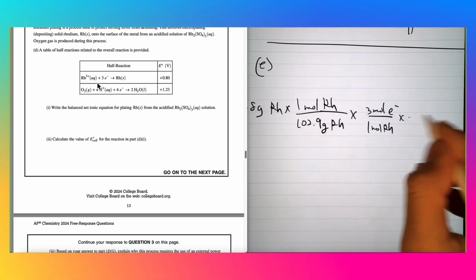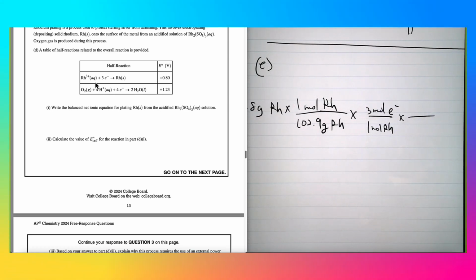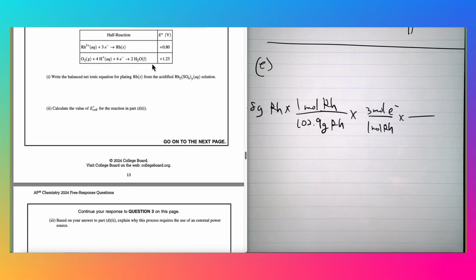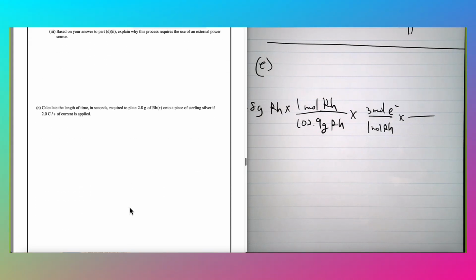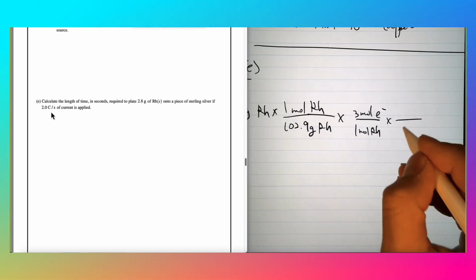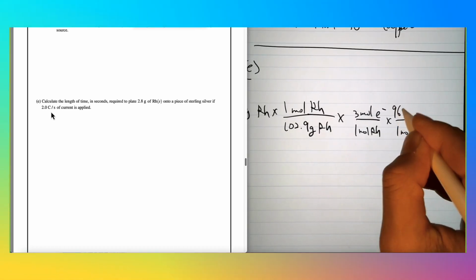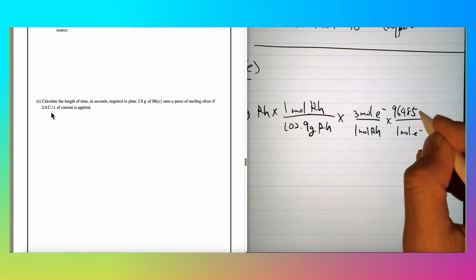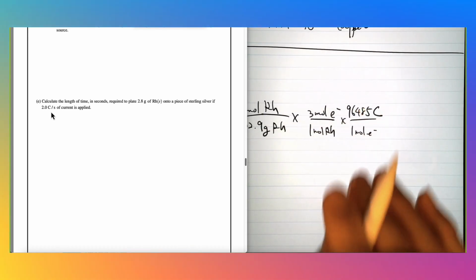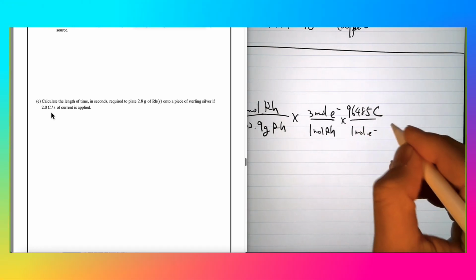Now we have moles of electron, and we need the coulomb, so that we can use this coulomb per second, the ampere. 1 mole of electrons has 96,485 coulomb. This number, the Faraday's constant, will be given on the formula sheet of the AP exam. So you don't have to memorize it, but if you solve many questions, you will just know this by heart.